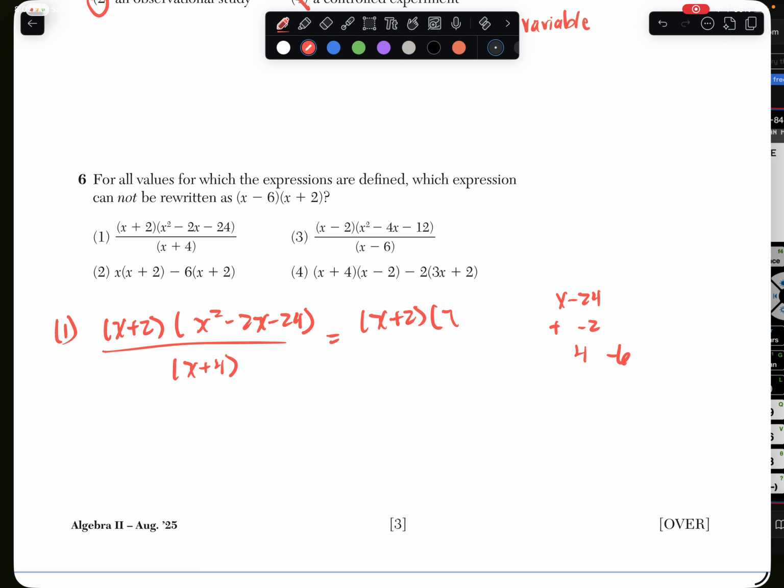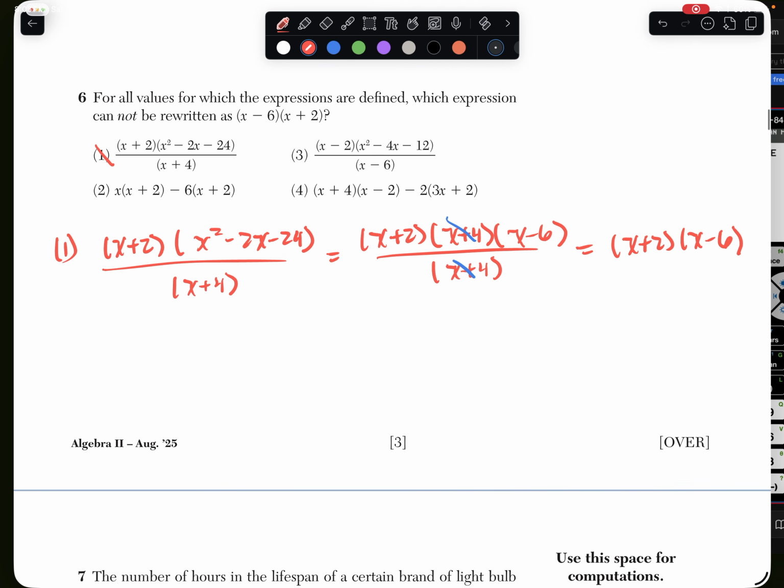So I get x plus 4 times x minus 6. Then the denominator remains, and you can see that x plus 4 is a factor in both the numerator and the denominator, so we can cancel them out. So we just get x plus 2 times x minus 6, and that is equivalent, so not 1.